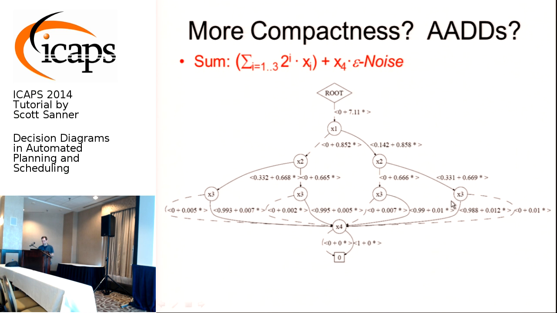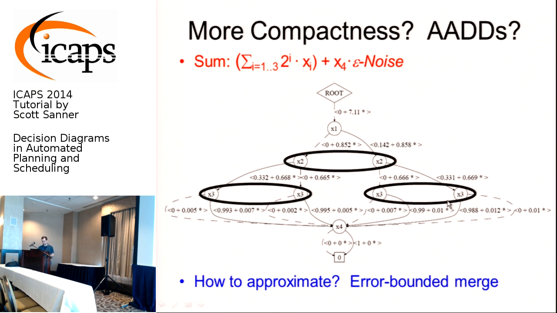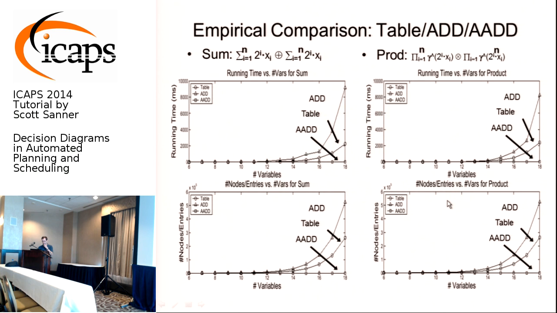Okay, there are extensions of that for Affine ADDs. I'm not going to cover that. It's in the slides if you want to look at it. And in practice, I'll just show you one slide on results. Just some different operations. I'm showing you the running time on the top graphs and the amount of space, number of nodes, on the bottom graphs. On the x-axis, I'm scaling the number of variables in these functions that I'm either adding or multiplying.